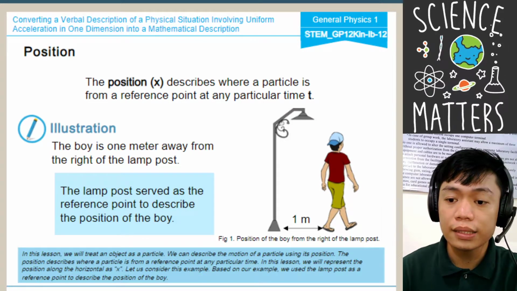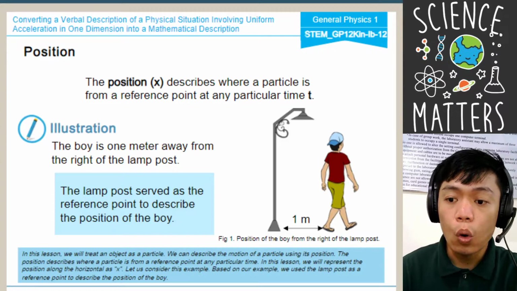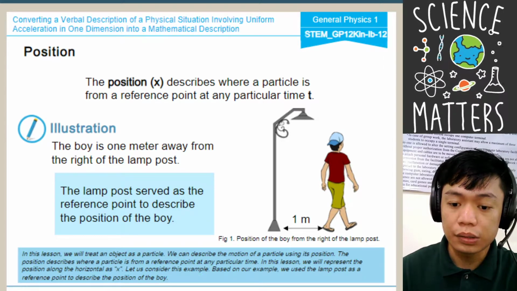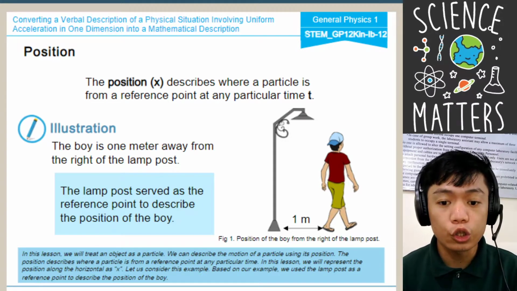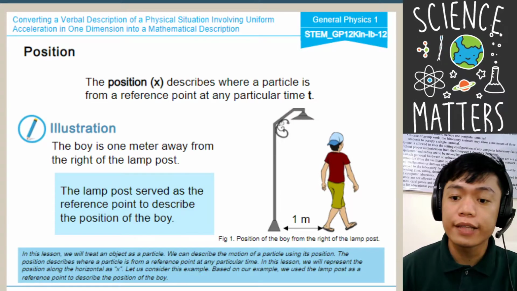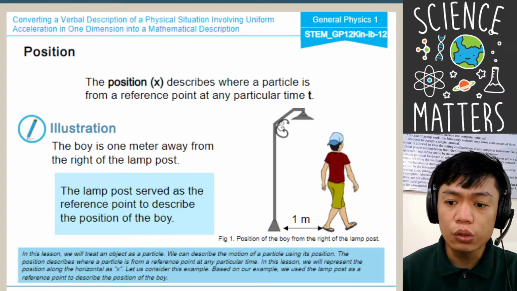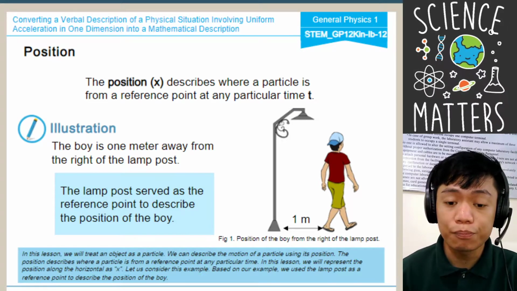It has x as its symbol, and it describes where a particle is from the reference point at any particular time. In order for us to identify the position, we need to identify the frame of reference, or the reference point.